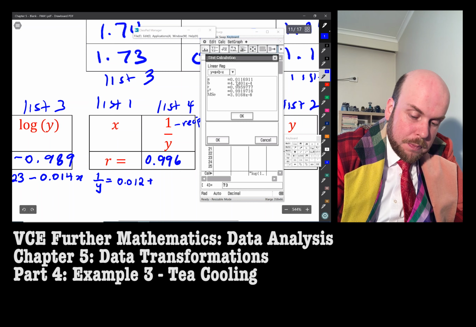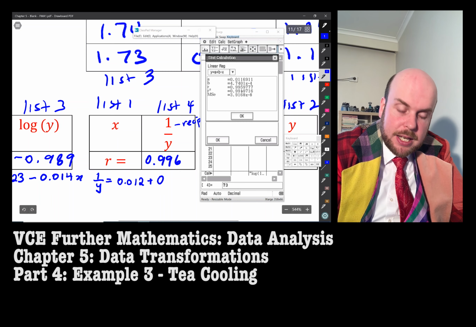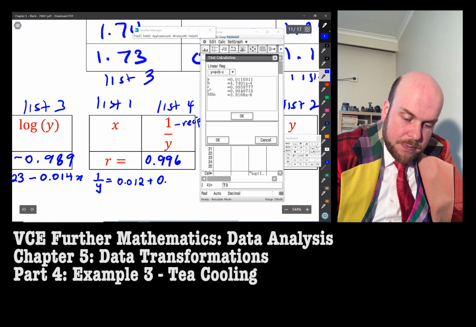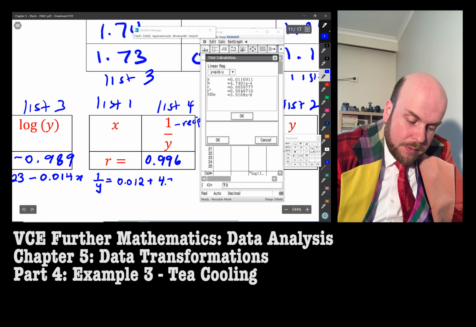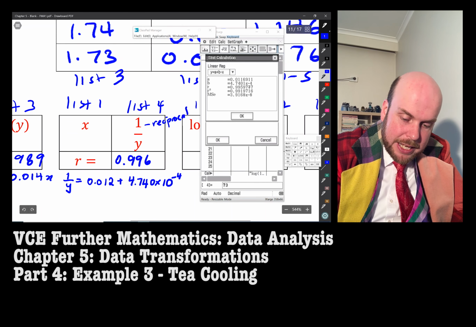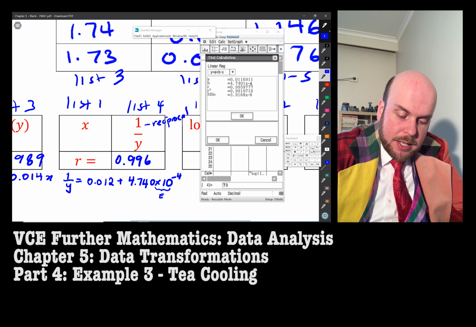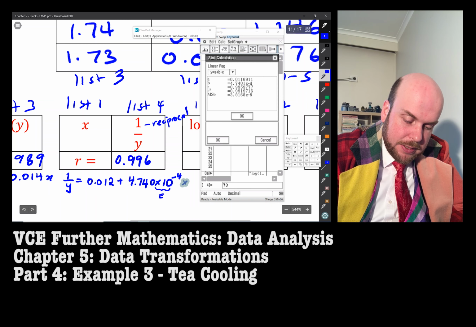And so 1 over y is equal to 0.012 plus, now it says here 4.7401 times 10 to the negative 4, so we can actually write it like this, plus 4.740 times 10 to the negative 4, that's what that E means, times 10, so that there is E to the negative 4, and this time is just X. We'll put a little X there.